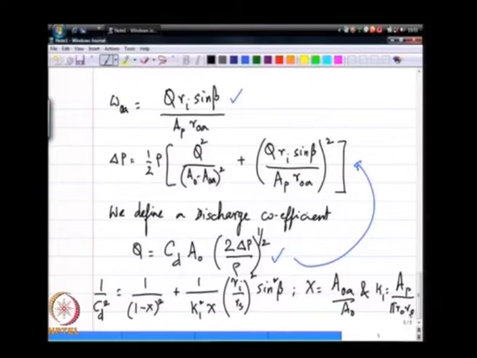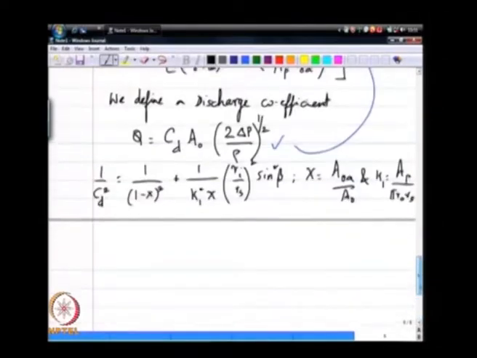X is physically the fraction of the cross sectional area that is occupied by the air core. K1 is this dimensionless group A_p over pi R0 R_s. Okay, you can clearly see K1 is dimensionless, so is X.